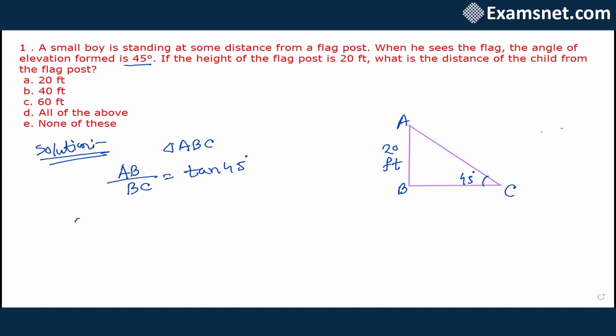Here we only know the value of AB, that is 20 by BC, and we also know the value of tan 45 degree, that is 1. Do the cross multiplication, we got the value of BC as 20 feet. So here the distance of the child from the flag post is 20 feet. That means option A is the correct one.